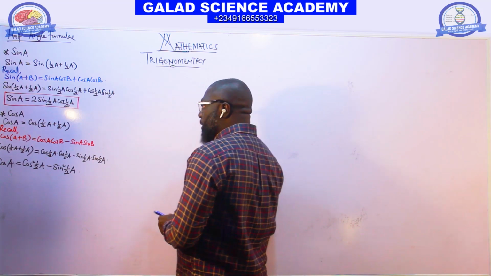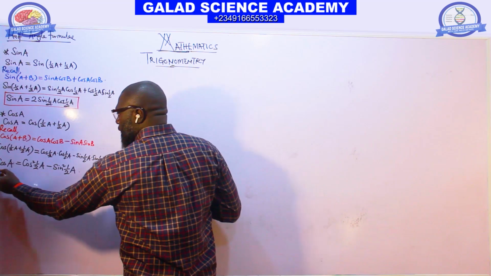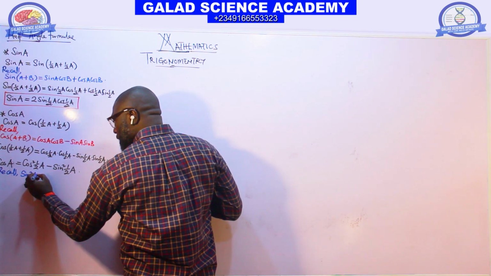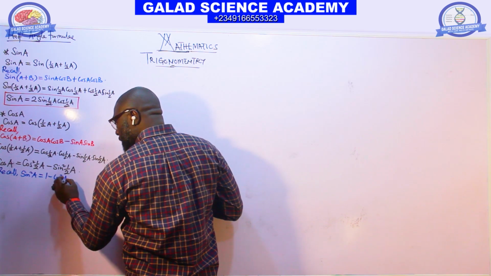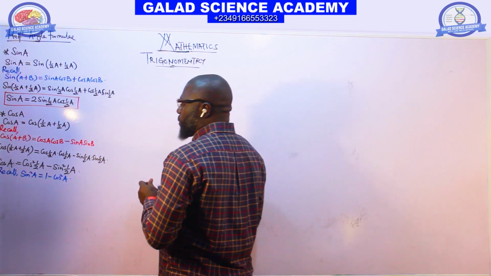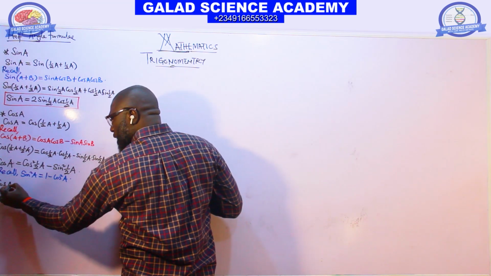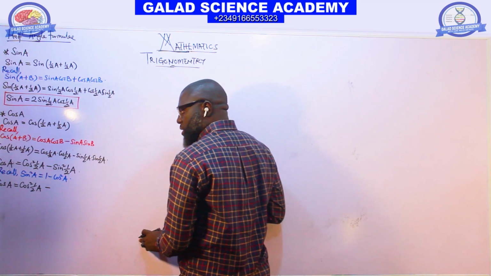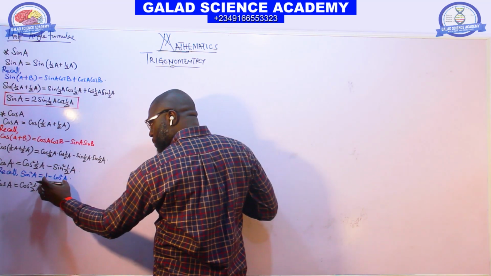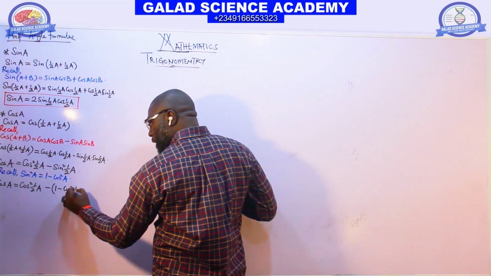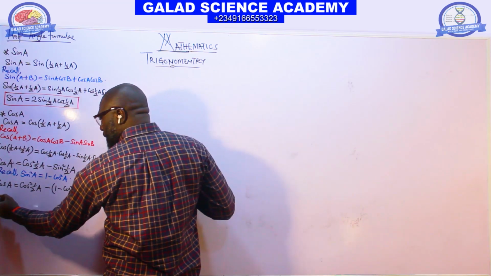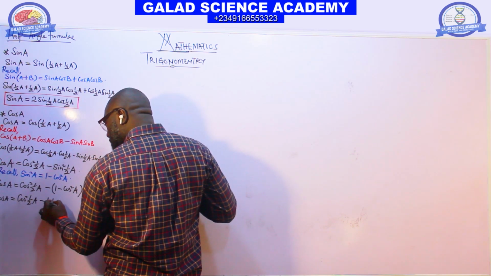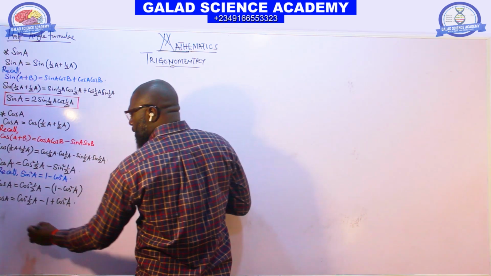So if I want to remove the sine, I can say recall that sine square A equals 1 minus cos square A. If I say this, we now have cos A equal to cos square half angle of A minus, this is sine, I want to remove it and put this one, bracket 1 minus cos square A. We now expand to be cos A equal to cos square half angle of A minus 1 plus cos square A.